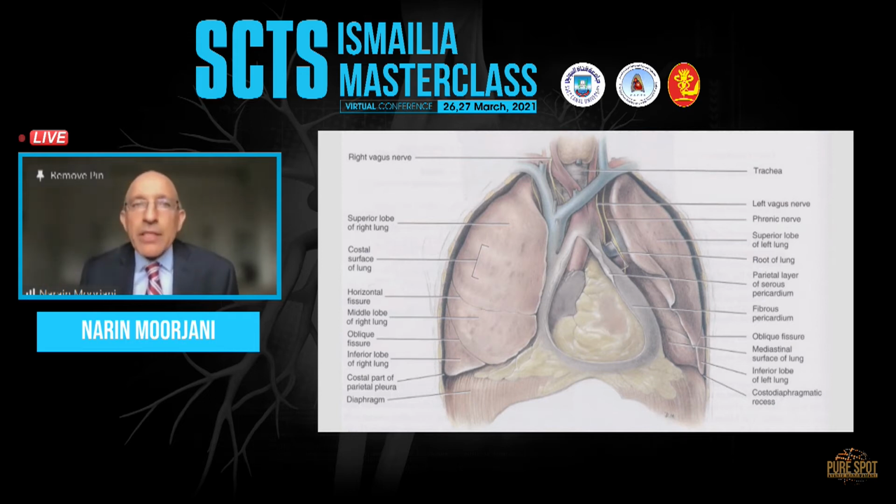It's between the visceral and parietal layers of the serous pericardium that the pericardial fluid lies and where you can get pericardial effusions. And again, it's important to get an understanding of that because of the different clinical conditions that will arise, and we'll talk about some of them later.